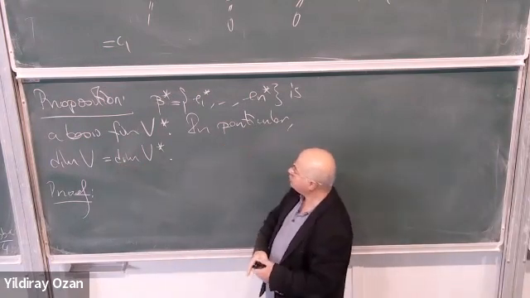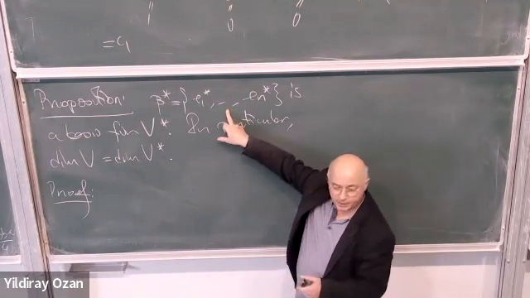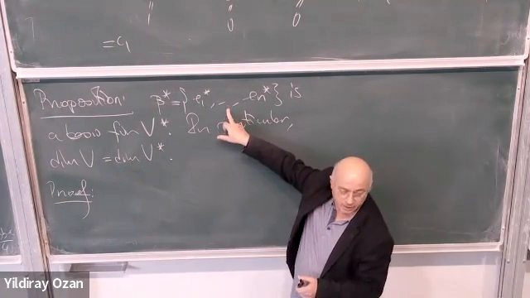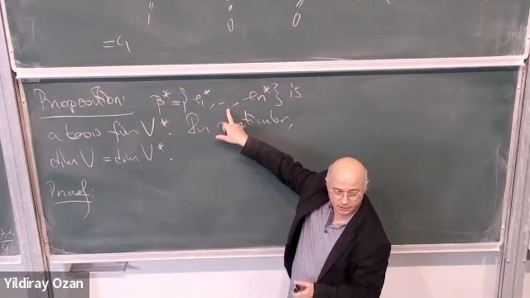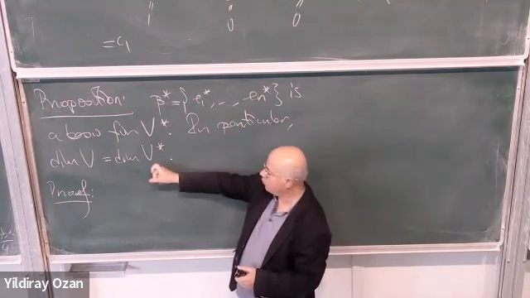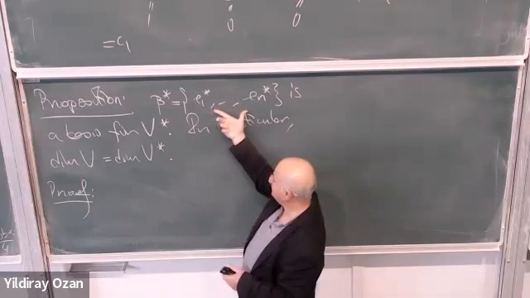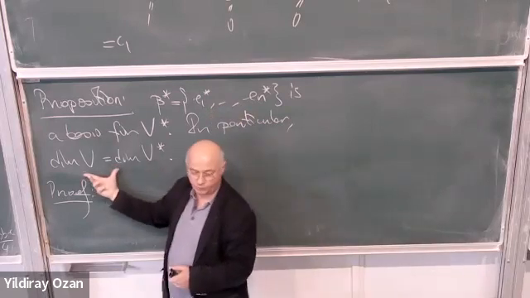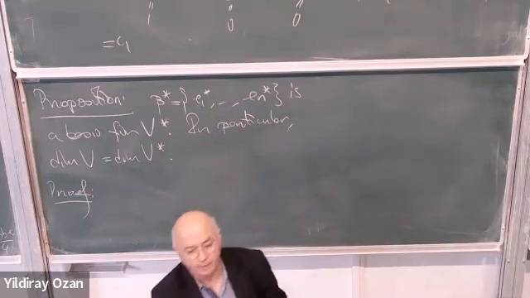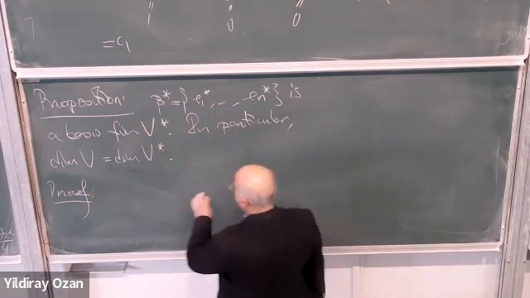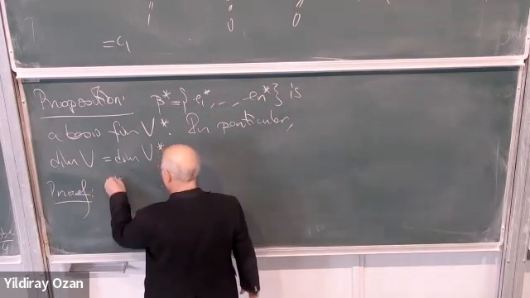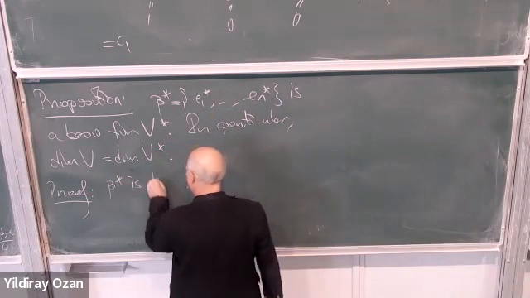Therefore, we have to really show that this is a spanning set and it's also linearly independent. Okay. Therefore, this will be a basis for V star. And since it has n elements, these two dimensions will be equal to each other. So let's do that. First, it is linearly independent.